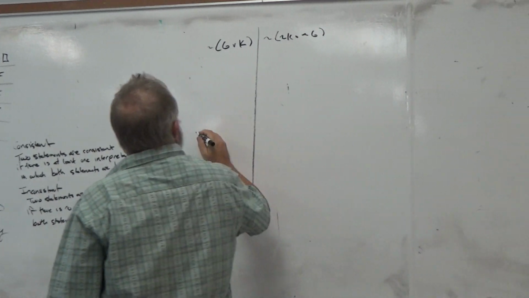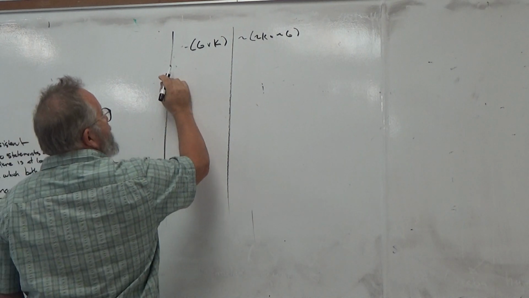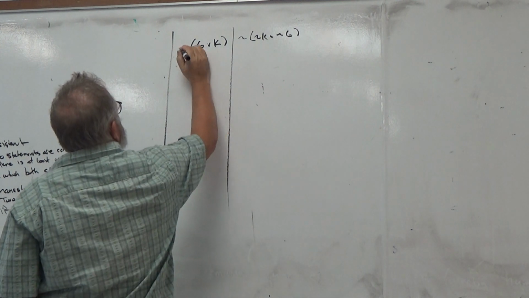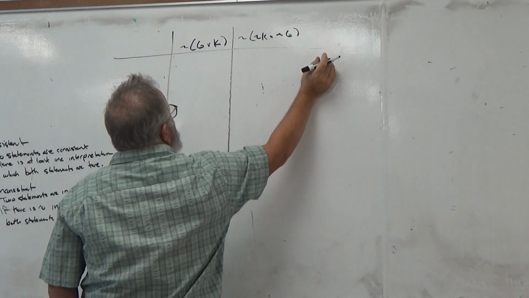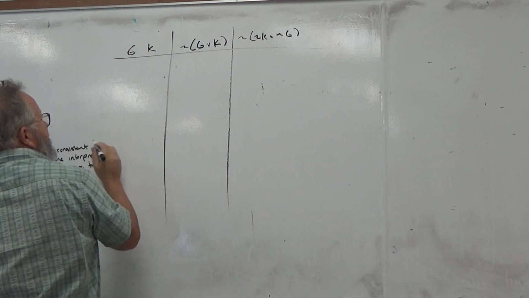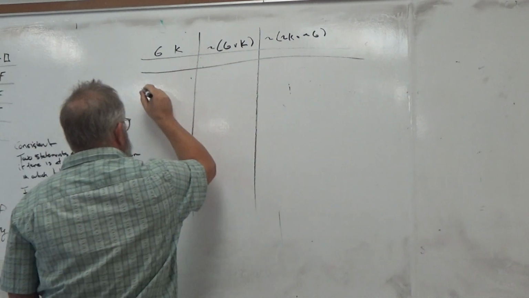Yes, okay. So basically what we're gonna do is run a truth table for both of these simultaneously. Look, we have the statements G and K, and since there's 2 of them, that means we have 4 possible interpretations.